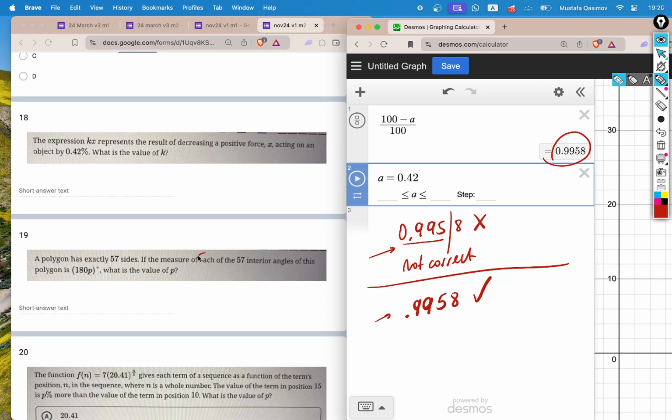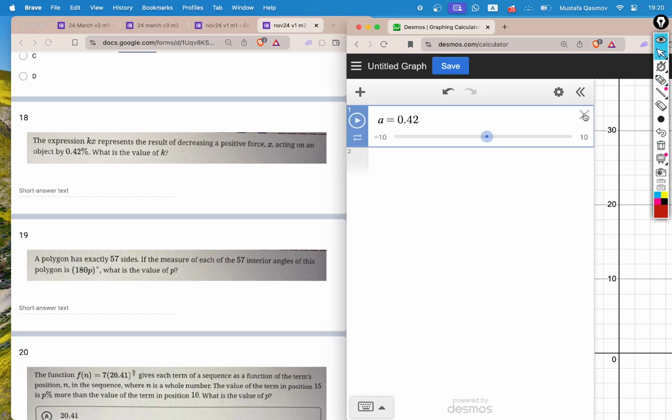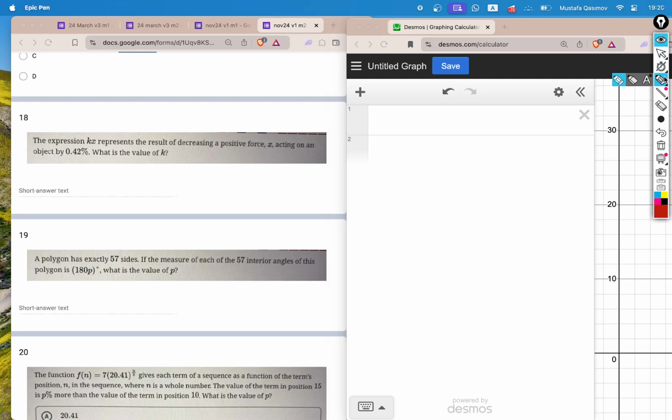Okay, let's look at 19. For polygons, we have one important formula. It is finding the sum of interior angles of a polygon. It is m minus 2 multiplied by 180. Instead of 180, they can write also p.